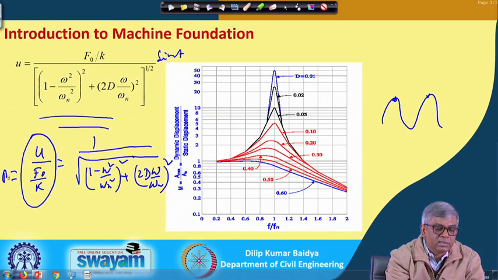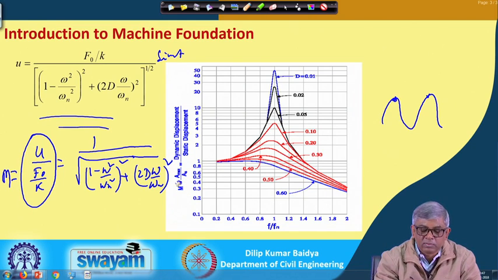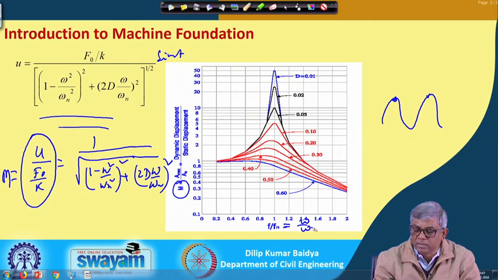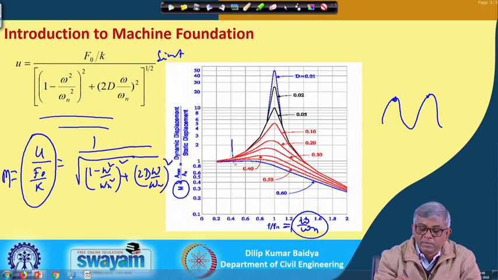I can call this M, and it is shown here as the variation of M with omega over omega n. So, this is the variation of M with respect to the frequency ratio, and if you observe this, at a lower frequency, with the variation of the damping, you can see the amplitude near resonance.